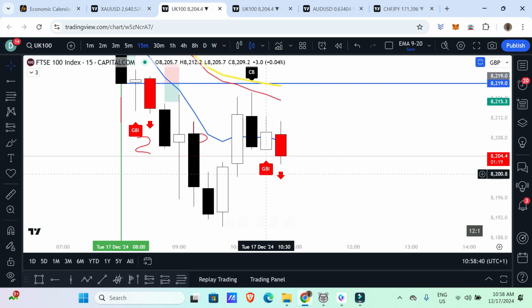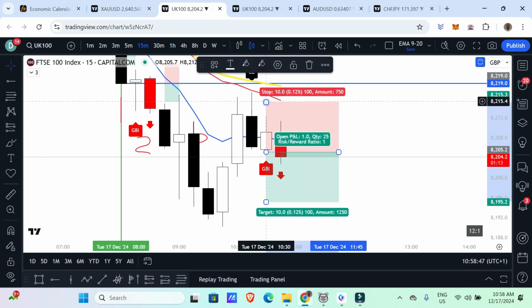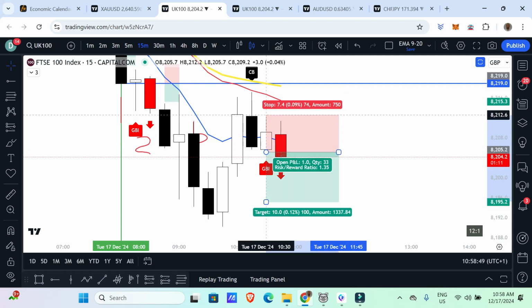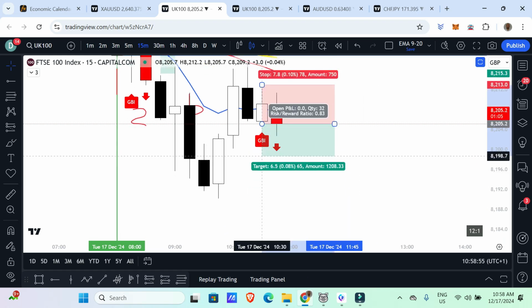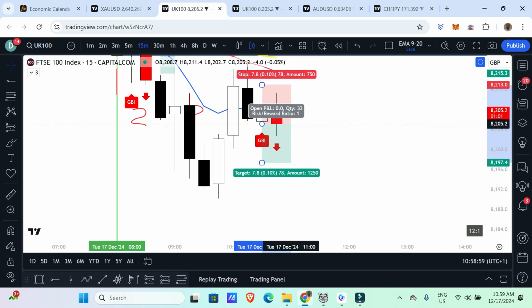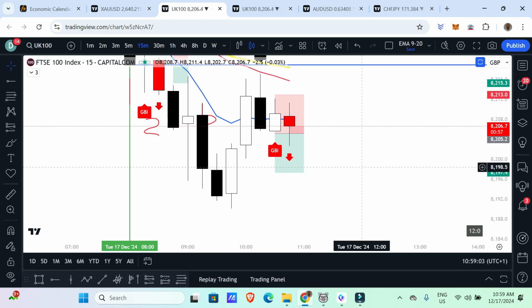We have the green bar ignored. Our entry would be here. Our stop loss is going to 7.8. Target 7.8. And here we go. That's the trade. Let's just wait. It's happening in front of our eyes, okay?